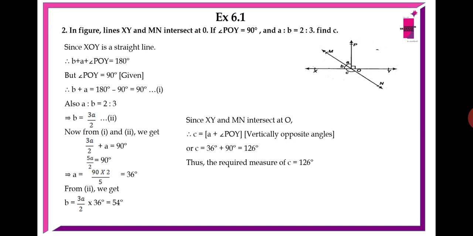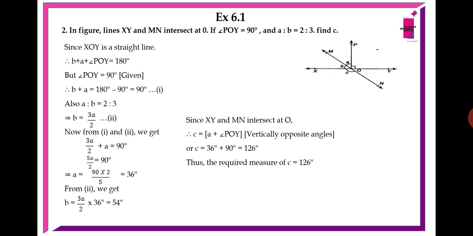Since XY is a straight line, b plus a plus angle POY equals 180 degrees. But angle POY equals 90 degrees, it is given. Therefore b plus a equals 180 minus 90, which equals 90 degrees. This is equation 1. Also a:b equals 2:3.